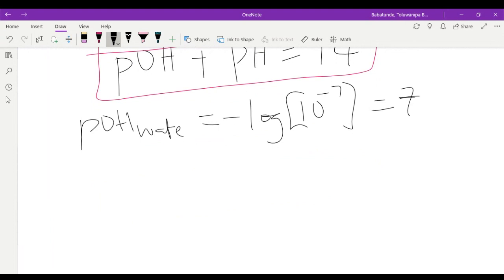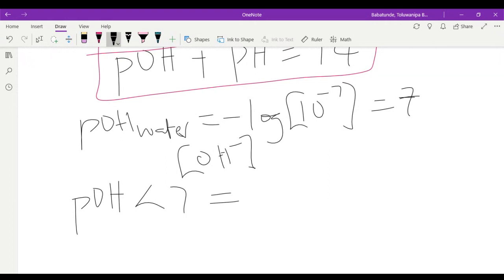Like I said, if you want to find the pOH, what you need is your hydroxide ion concentration, not the hydrogen ion concentration. When the pOH is less than 7, the solution is basic.